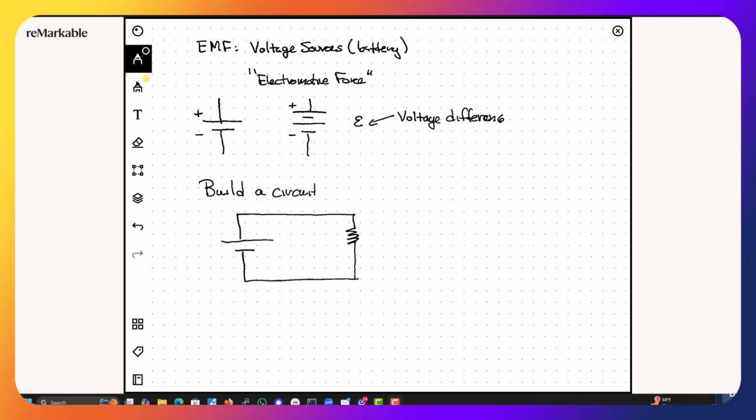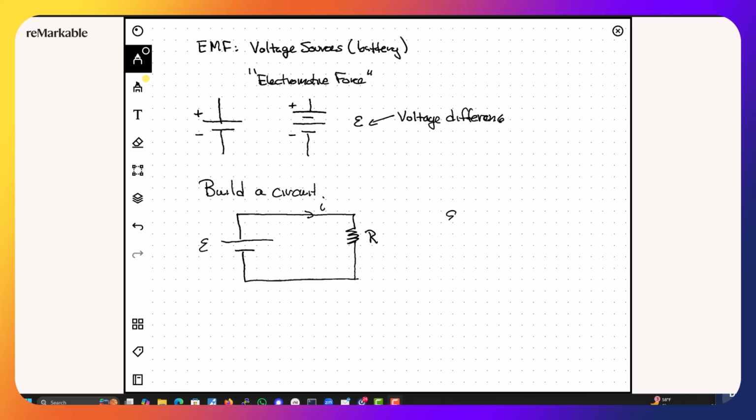So the battery has an EMF, the resistance has a resistor R, and we might want to find the current. So the voltage difference across the resistor is the full voltage of the EMF.